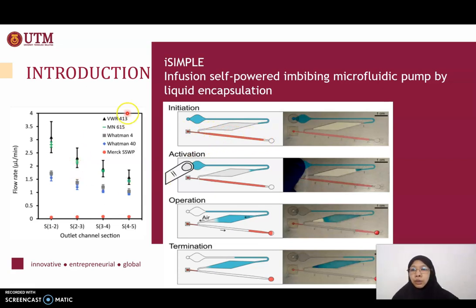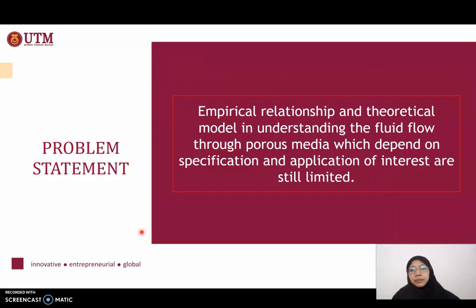For this, they also did a lot of experiments on different filter papers and how they affect the sample liquid flow at different sections of the channel. Like I said, whatever you want to do in terms of past research, they did it for whatever porous media they used and its application. So some of the data are still limited.